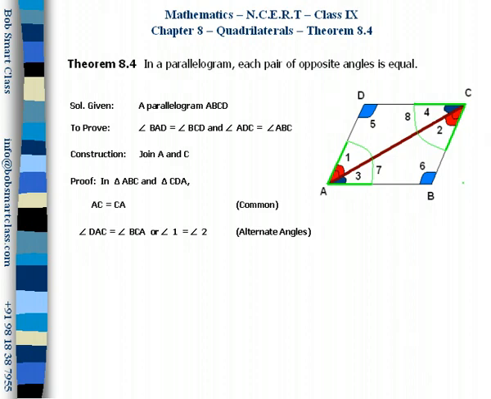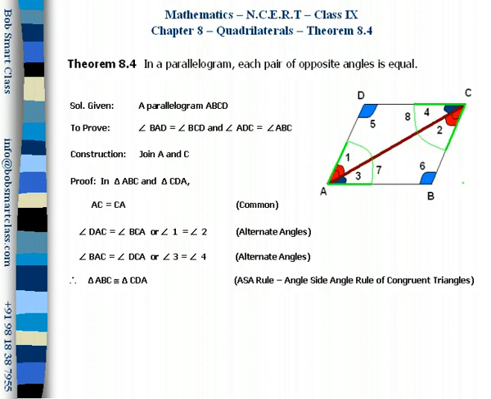Similarly, we have angle BAC equals angle DCA, which are also alternate angles of sides DC and AB. Hence, by the rule ASA, that is angle side angle, these two triangles are congruent. Therefore, triangle ABC is congruent to triangle CDA.